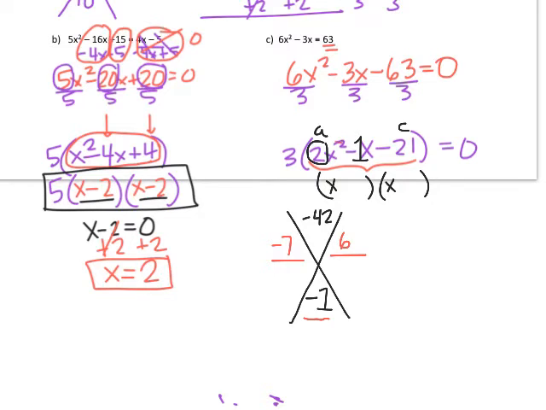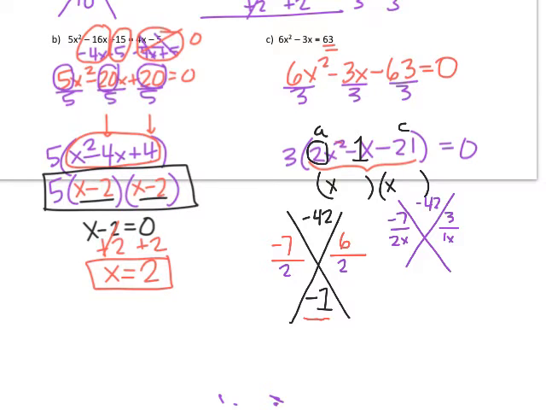And again, I'm going to divide by my a value, and then I'm going to simplify. The simplified form here is still negative 7 over 2, because I can't do anything with that. It doesn't really reduce, but 6 over 2 reduces to 3 over 1.